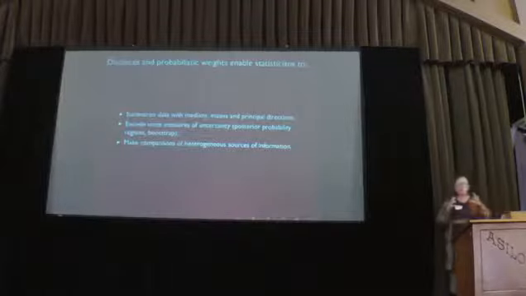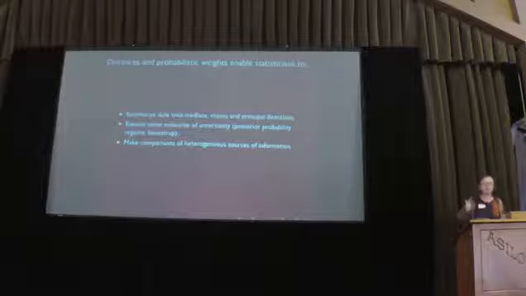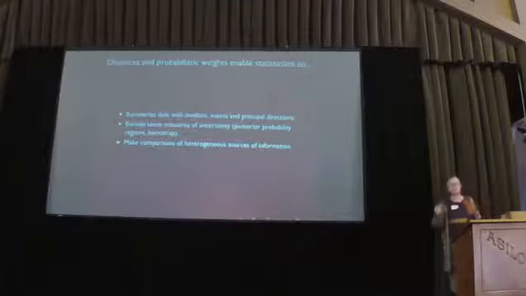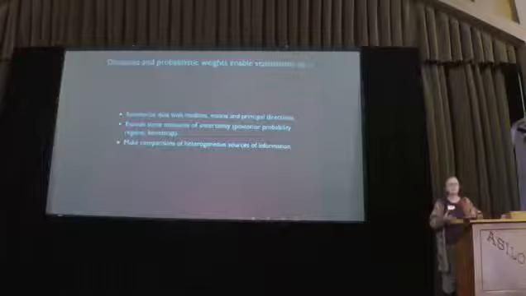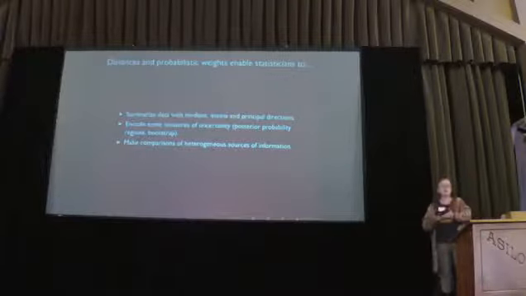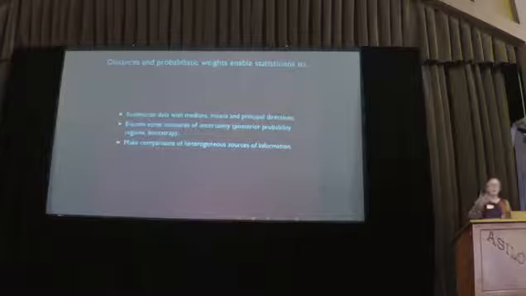This gives you a way of generalizing an average, taking into account both the probability and a very general distance. Many people often come to see me and say, I'm trying to do statistics on graphs or statistics on trees, and I don't know how to summarize my data. I don't know how to give basic statistics.